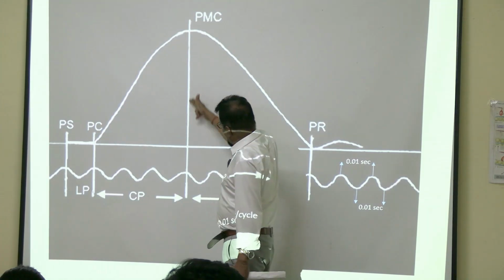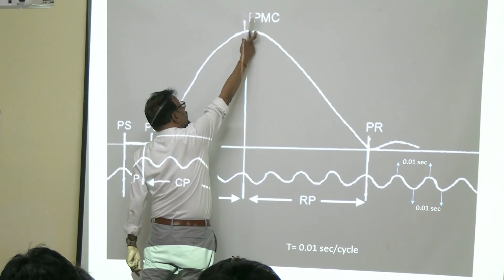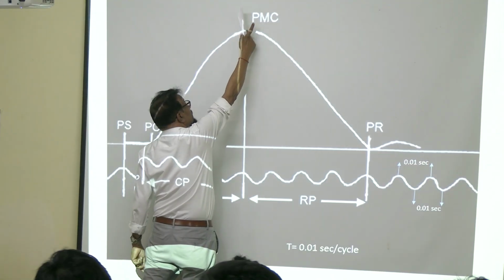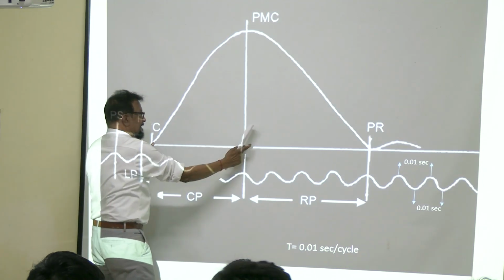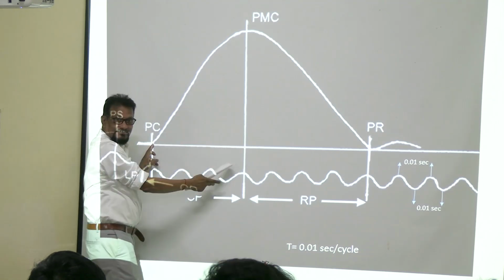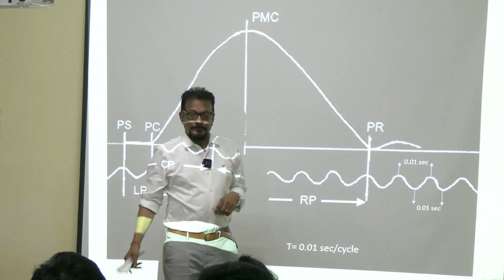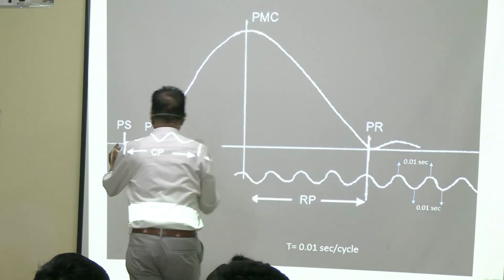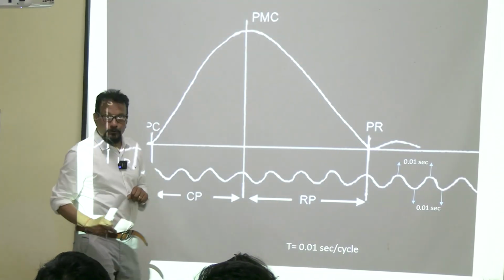So you draw a vertical line. Since it is the point of maximum contraction, this is the time it took to contract, and this is the time it took to relax. After stimulation, there is no contraction.